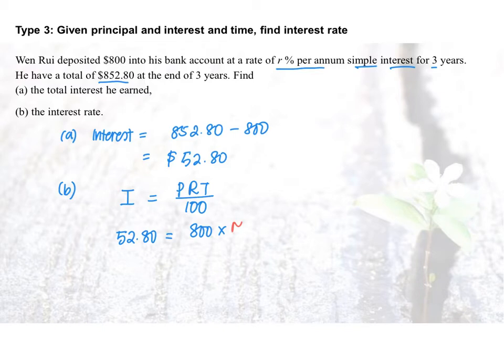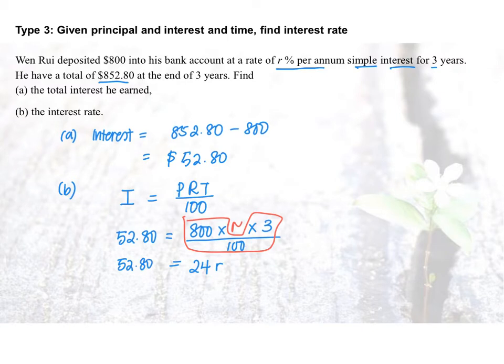Okay. And then I have interest rate to calculate this interest for 3 years over 100. So what can I do now? I can actually calculate this whole value over here, this portion in terms of R. That gives me 24R is $52.80.